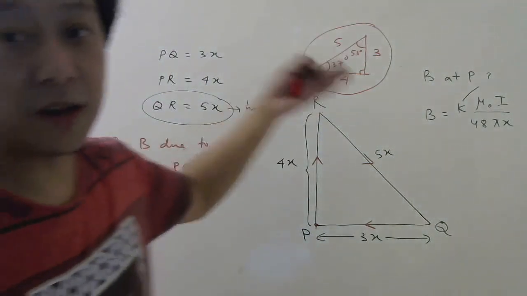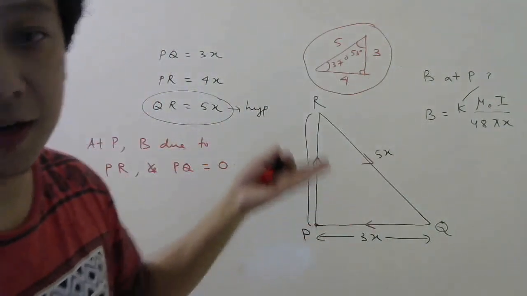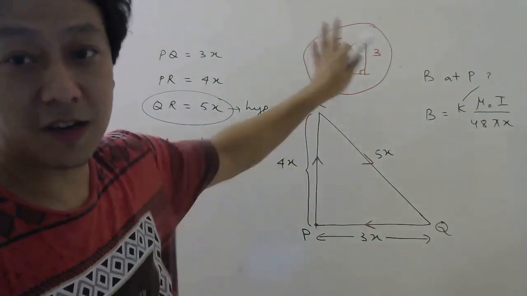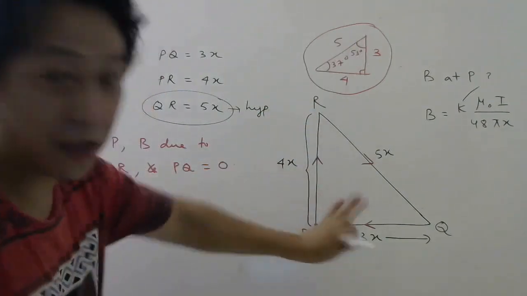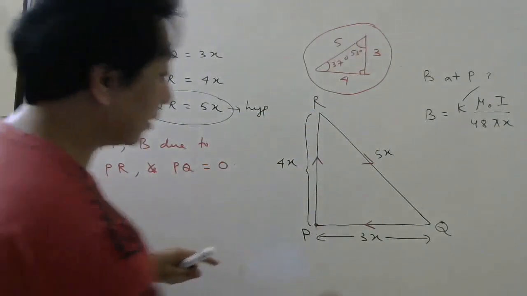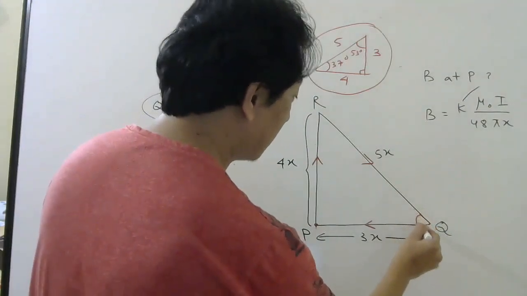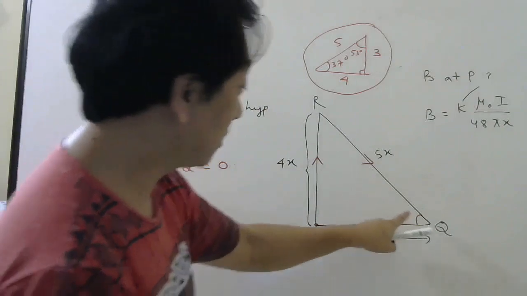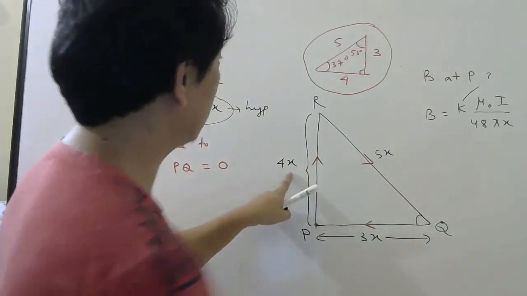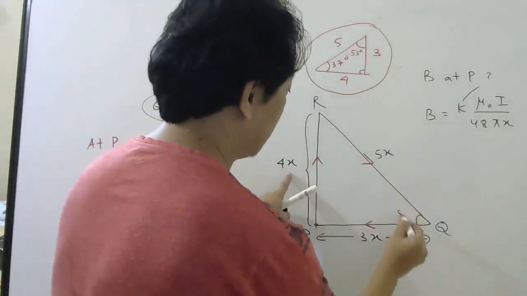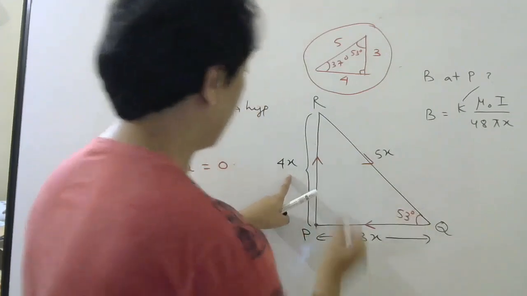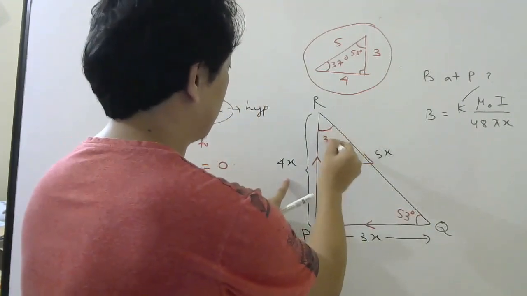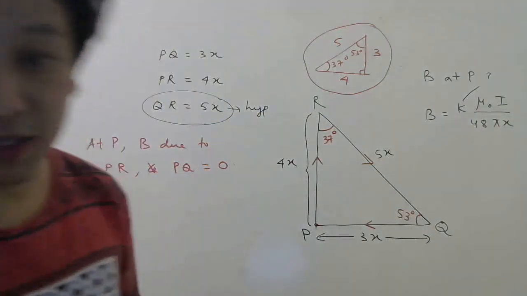It helps you to find sine 37, cos 37, sine 53, cos 53 easily. So if you look at the diagram, this is 4x, this is 3x. So this angle should be opposite to 4x, so 53. So this should be 53 and therefore this should be 37. That we can immediately find.